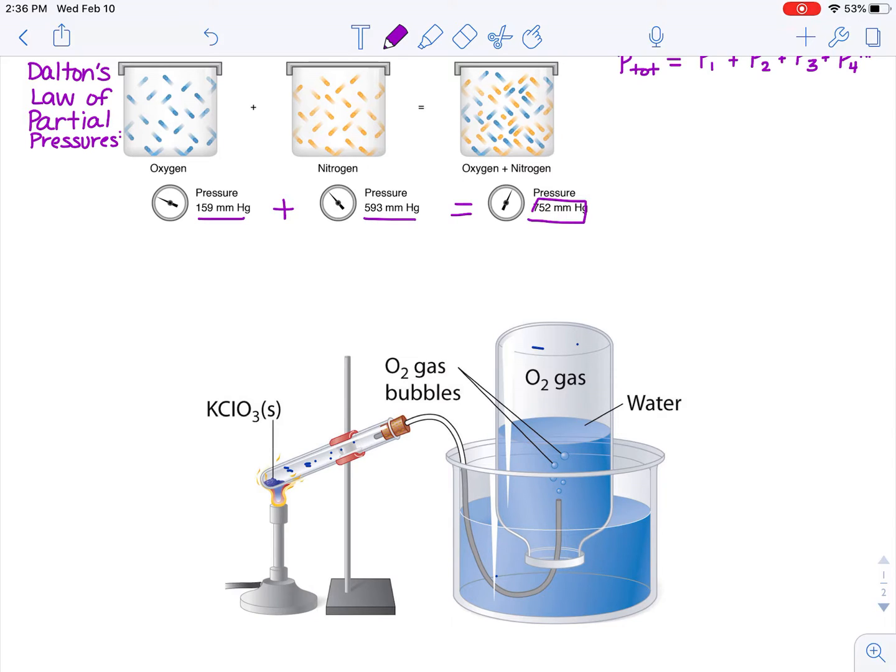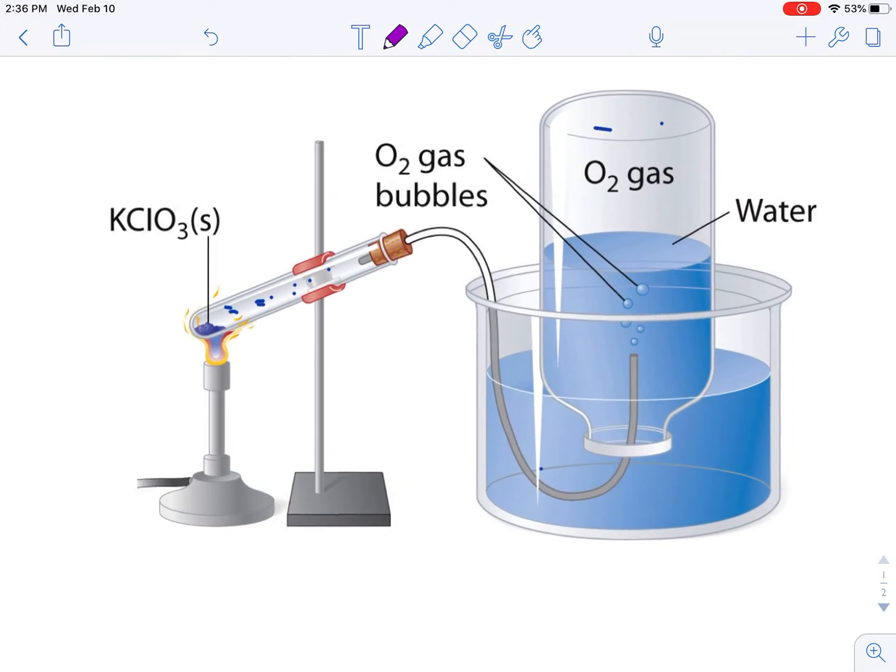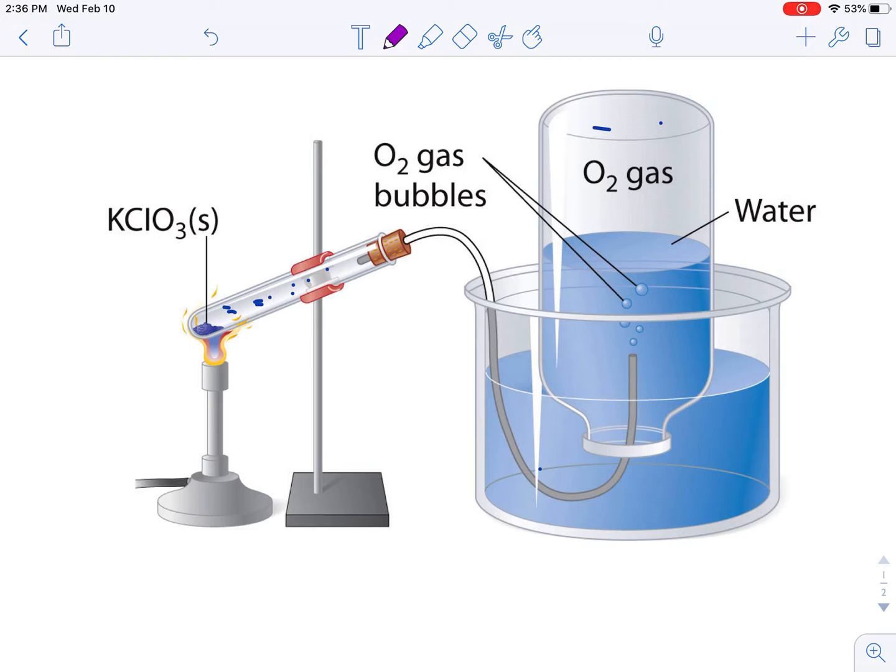Where did we see this in the lab? We saw this when we were trying to isolate the pressure of the gas that was produced in our lab experiment. Let's look at a different experiment and analyze what was going on.